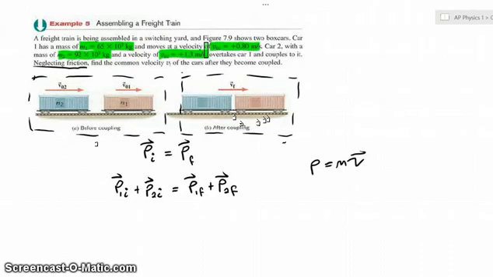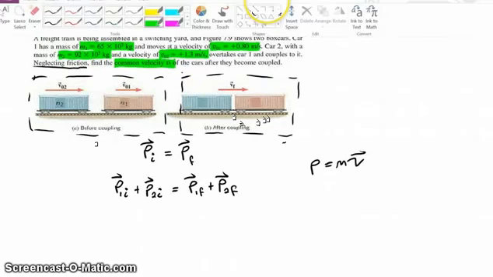So it looks like the only thing we're missing is the final velocities of both cars, and at first it doesn't seem like we have enough information to solve the problem. But actually, because they get locked together, they're going to travel with a common final velocity, and they say that right there. So we can use that to help us solve the problem.